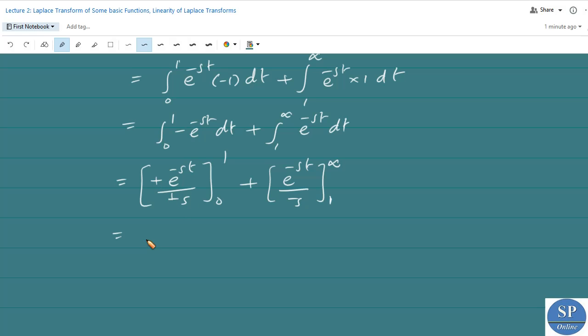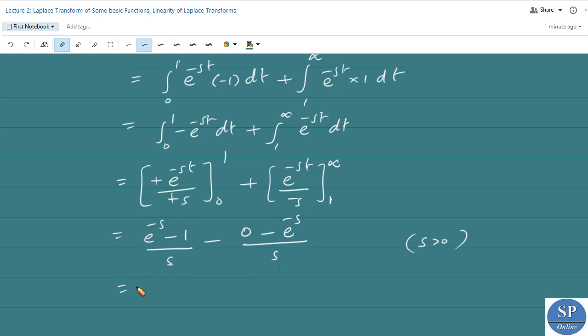So this is e^(-s) minus e^0, which is 1, divided by s, plus, sorry, this is minus 1 by s, so minus e^(-infinity) will be there. If s is greater than 0, then e^(-infinity) will be 0, minus e^(-s), divided by s.